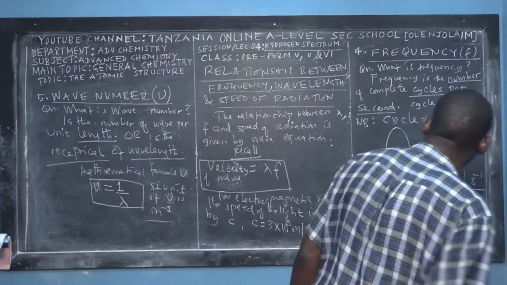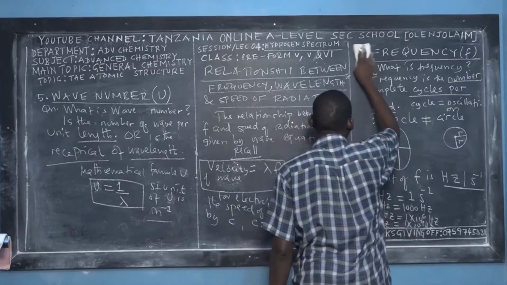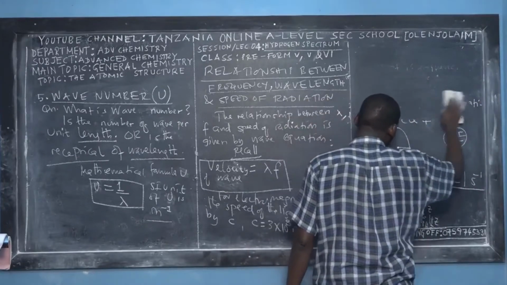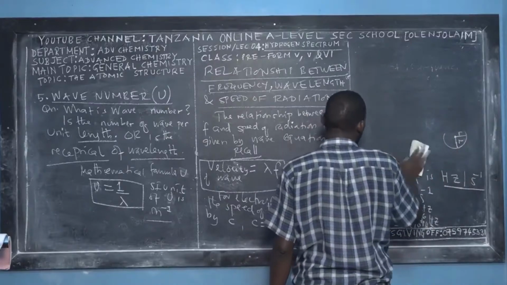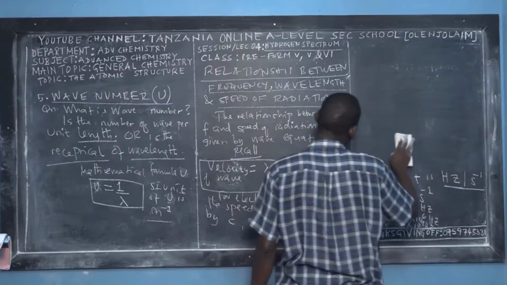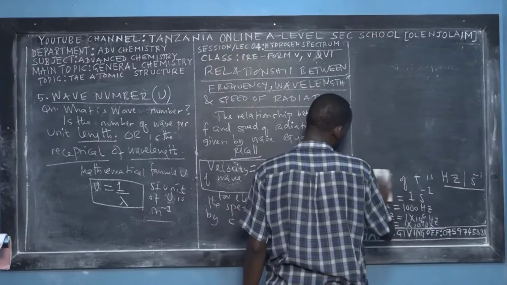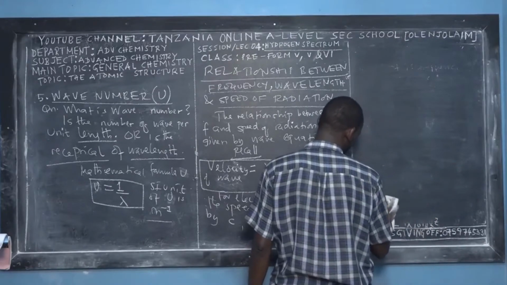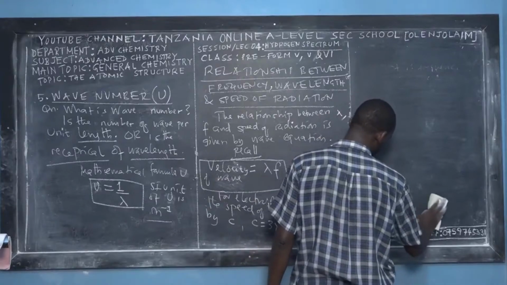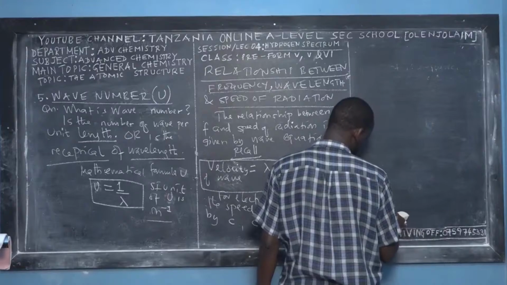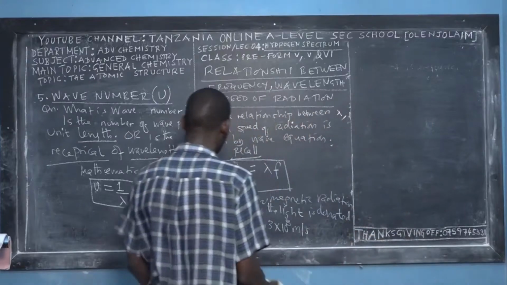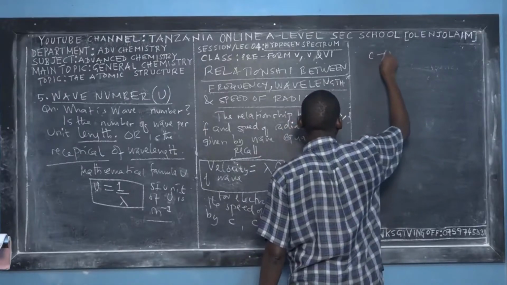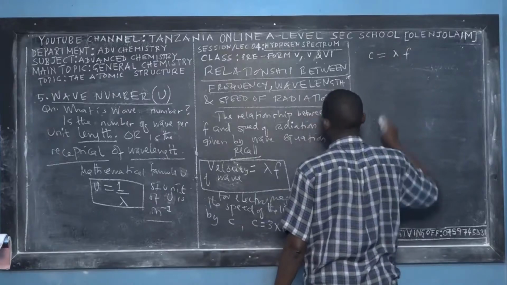So in chemistry, whether in chemistry or in physics, we represent the velocity of the wave not by using V, but by using C. So from this formula, the velocity of the wave, which is C, is equal to wavelength times frequency.